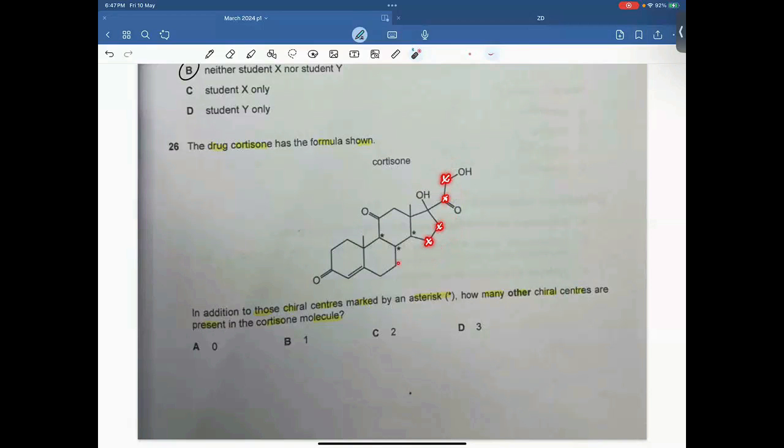Double bonded carbon, three similar hydrogens, two similar hydrogens. So how many chiral carbon atoms are left? This one, and this one. Only 3 chiral carbon atoms left, right? Apart from stereo. So D is going to be the right answer.